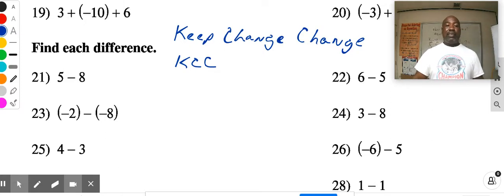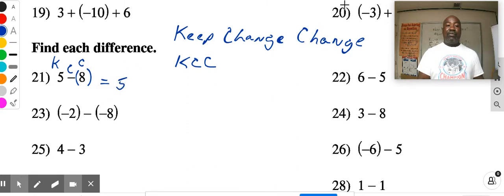Now, keep, change, change means that this right here is a positive 5. So we're going to keep this, and then we're going to change this side. But you have to remember, we're going to put this in parentheses. This is a positive 8. So when we rewrite this, we have 5.